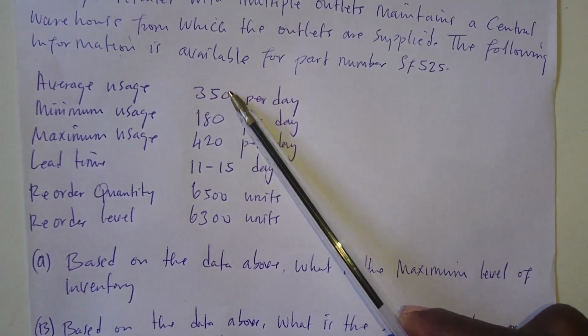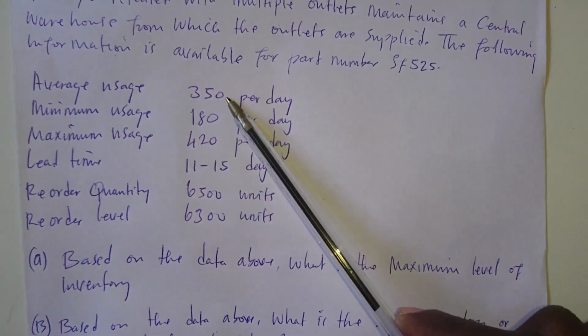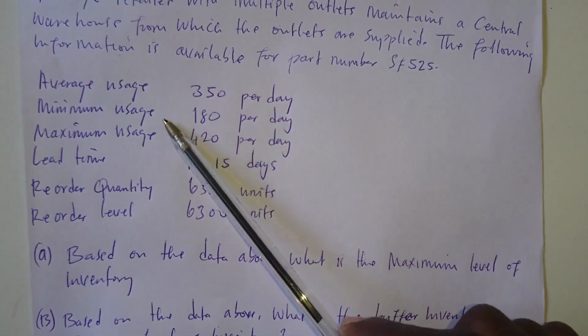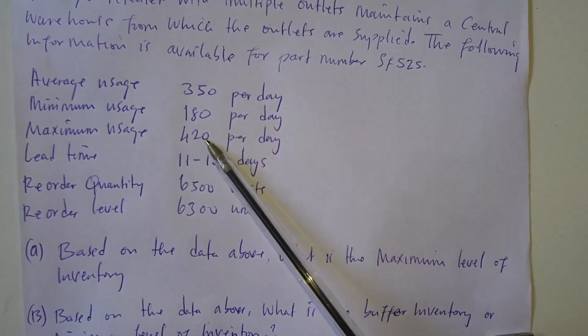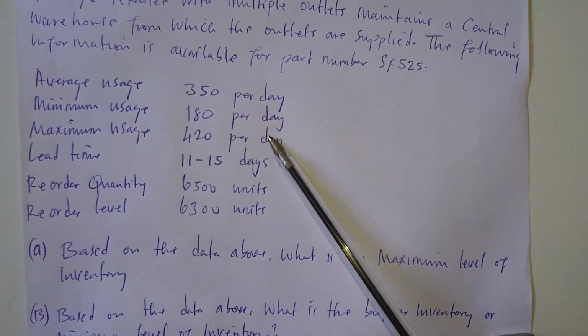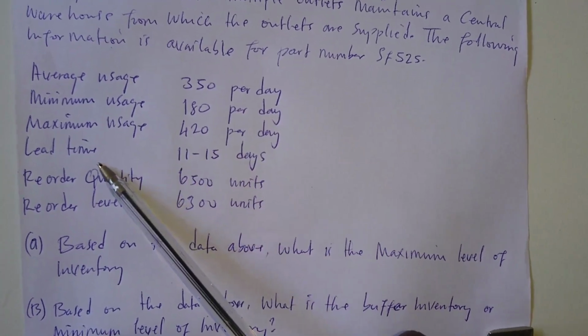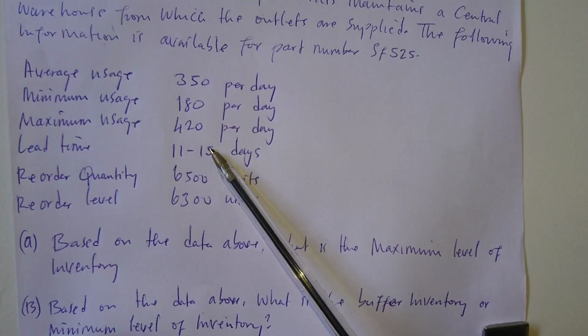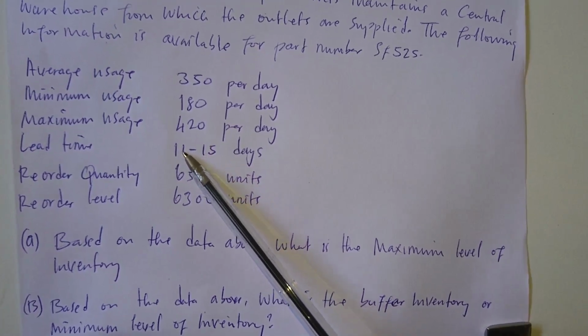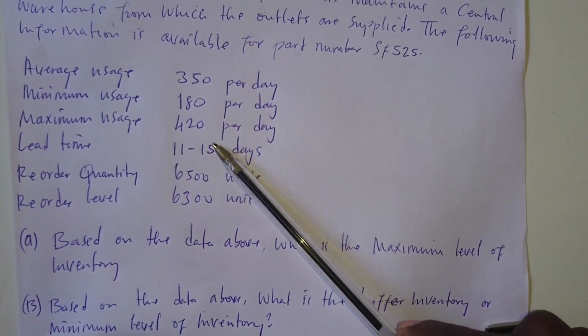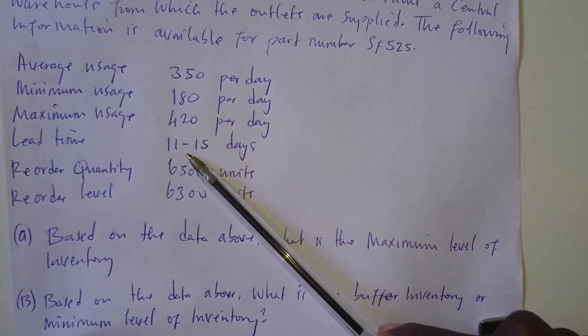This is the average usage of these quantities in a day, 350. Minimum usage 180 per day, and the maximum usage is 420 per day. Then the lead time, this is the time expected for an order to be placed and for the inventories to come in, for the inventories to be supplied.